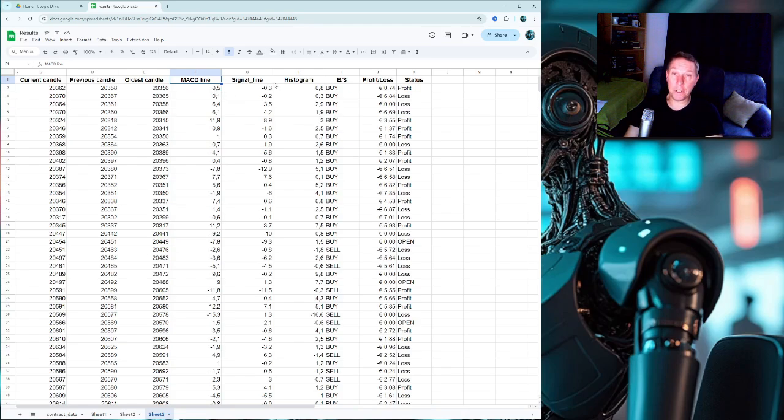And the histogram, the third one you see over here, is the subtraction of the MACD line and the signal line. You see the MACD line is 0.5, the signal line is minus 0.3, so the histogram is 0.8. Quite easy. So the histogram is nothing complex to calculate. I calculate the MACD line, signal line, and histogram with my bot.